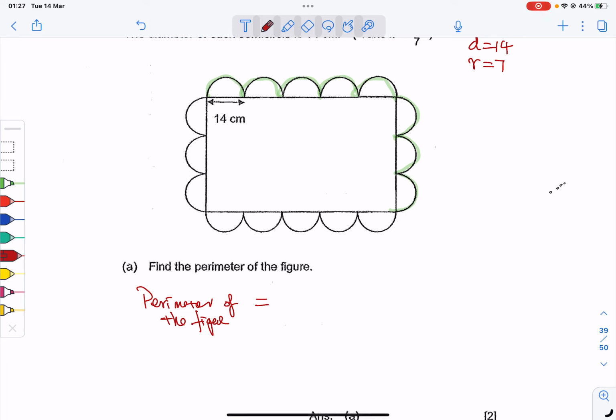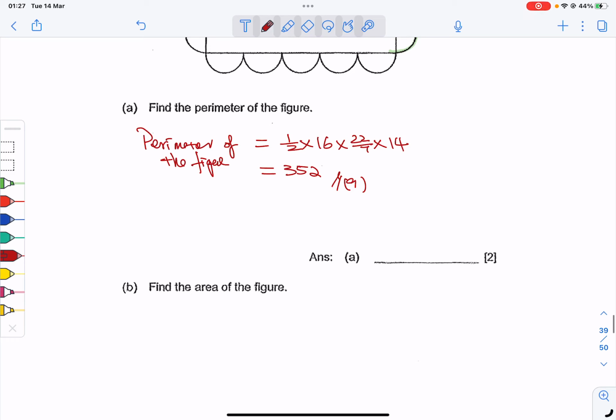So half times 16 semicircles times 22 over 7 times 14. Okay, so 352 cm. So answer for A, 352 cm.